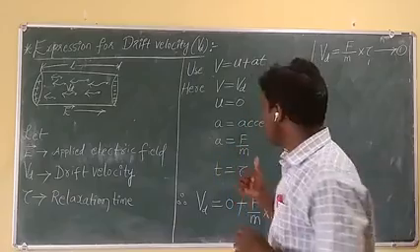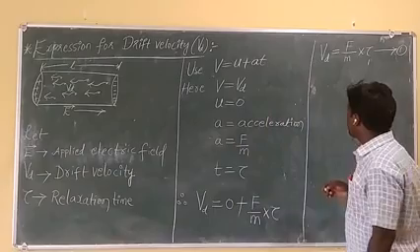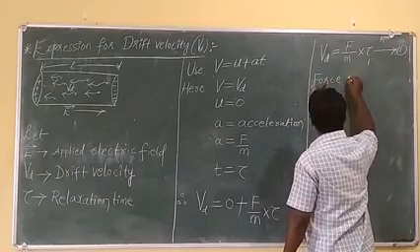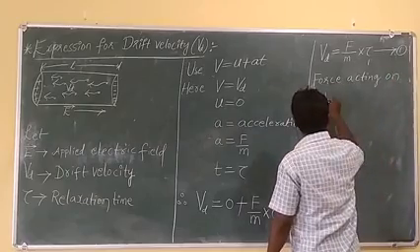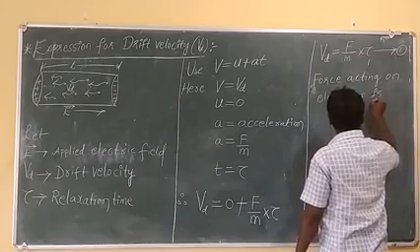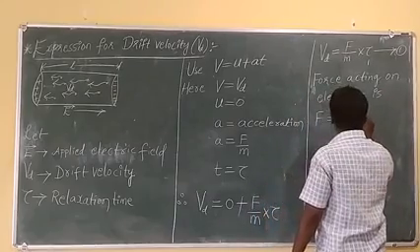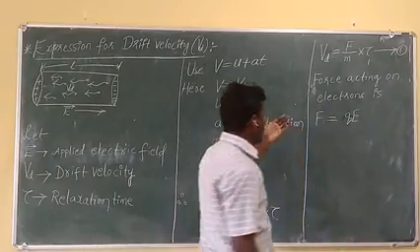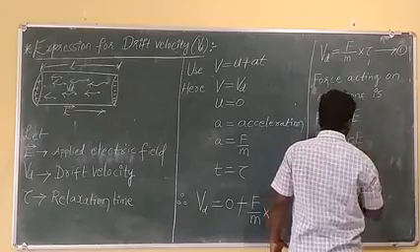Charge of an electron is negative, minus 1.602 into 10 to the power of minus 19. So the force acting on an electron is F equals QE, the actual formula. Here Q is the charge of an electron, so the charge is minus e.